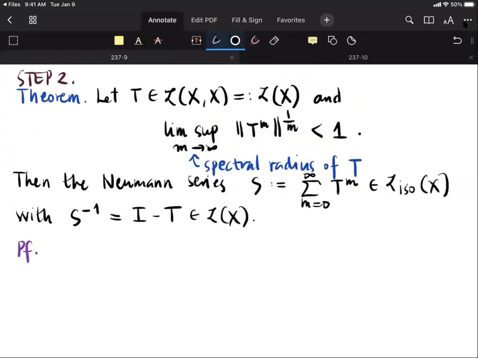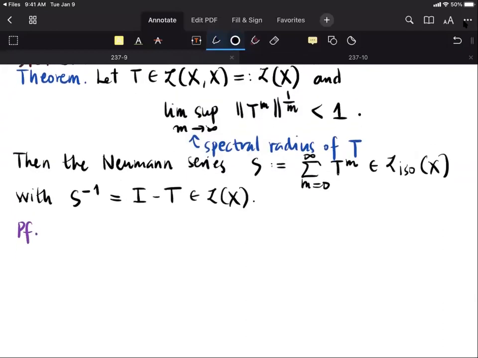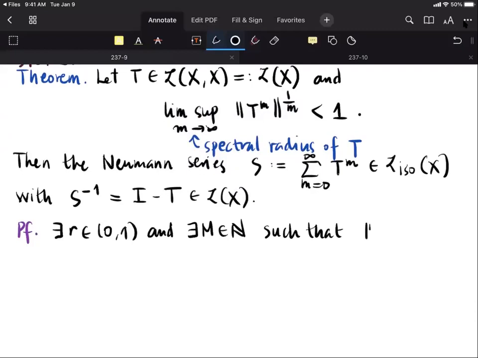So to start, according to the assumption that the spectral radius is less than 1, there exist two numbers, r between 0 and 1, and a sufficiently large index, a capital M, such that the norm of T^m is less than or equal to r^m.